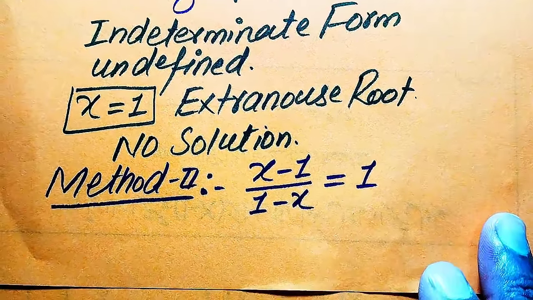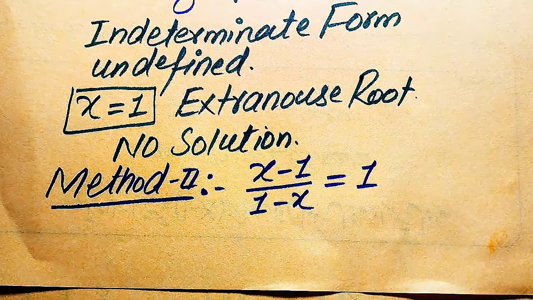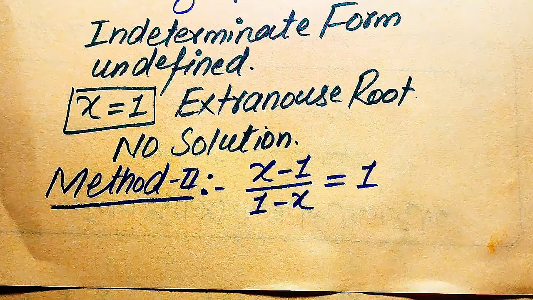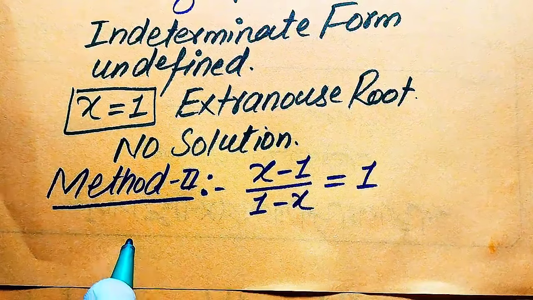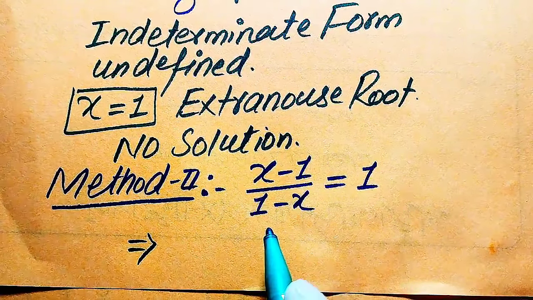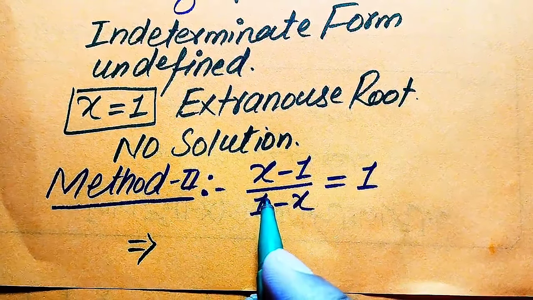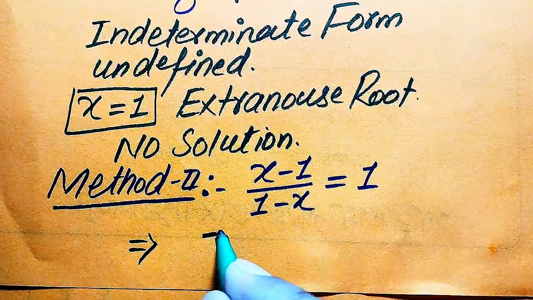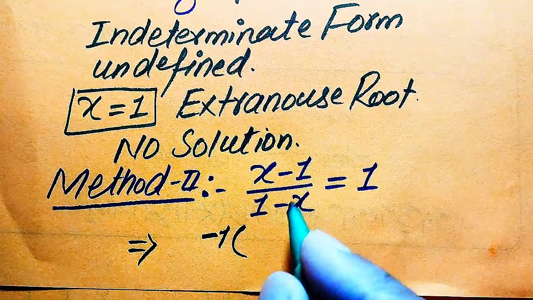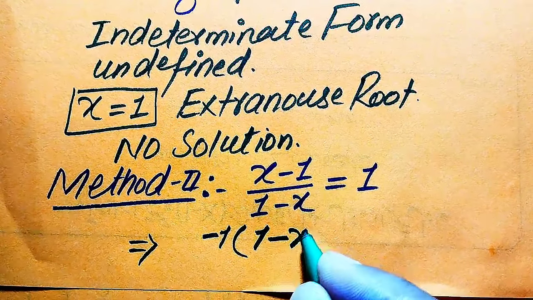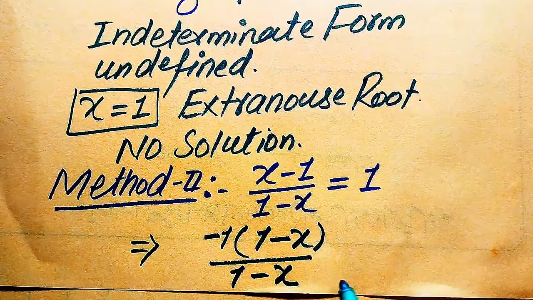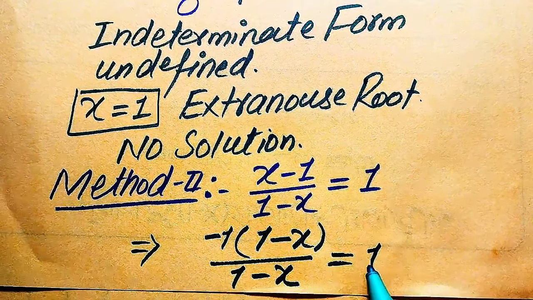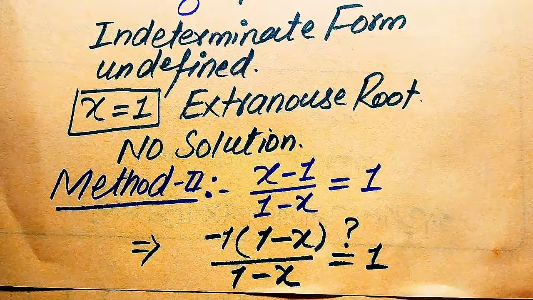In this method we directly conclude about the solution set of this problem. For this, we need to take the common negative sign from the numerator, and when we take common minus 1 from here, the remaining terms are (1 minus x) divided by (1 minus x), and we check whether this equals 1 or not.